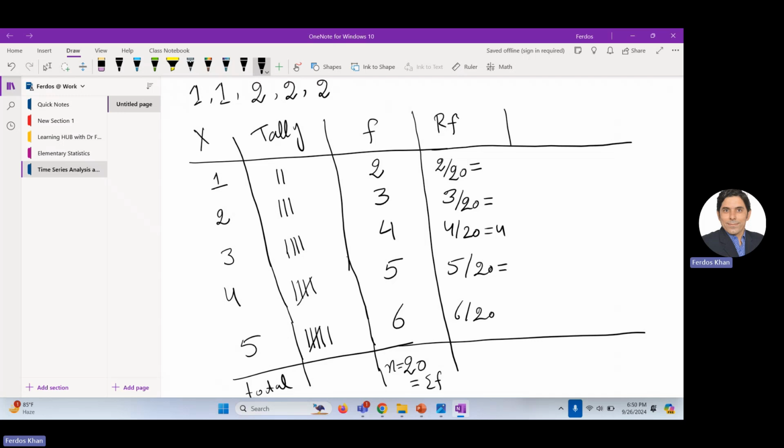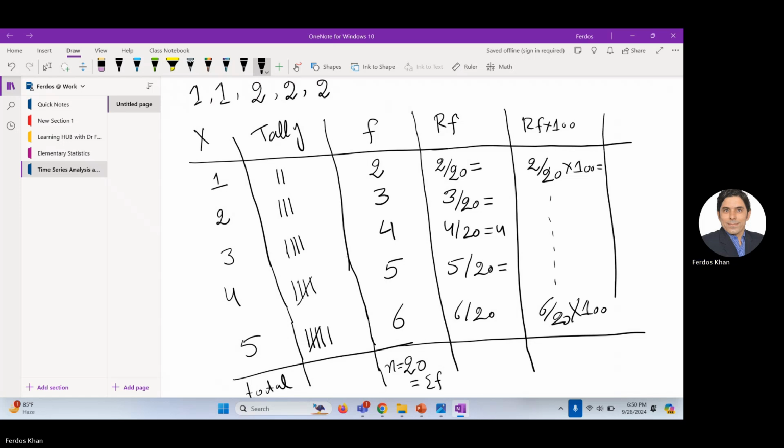Remember that if you need this relative frequency in percentage, you need to multiply the result by 100, and you will get the result in percent.